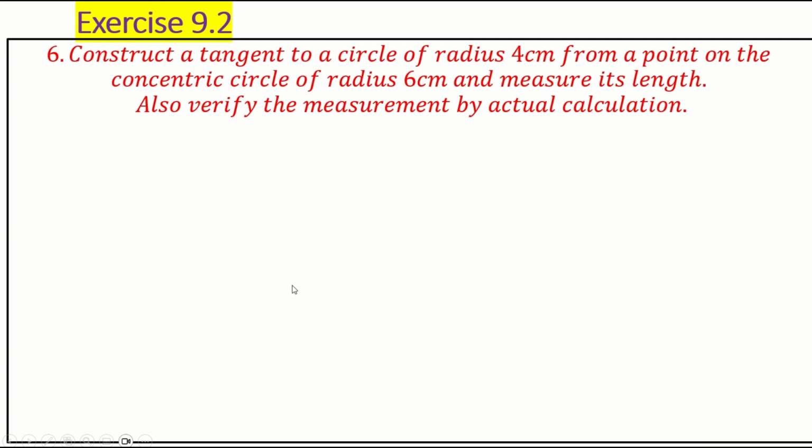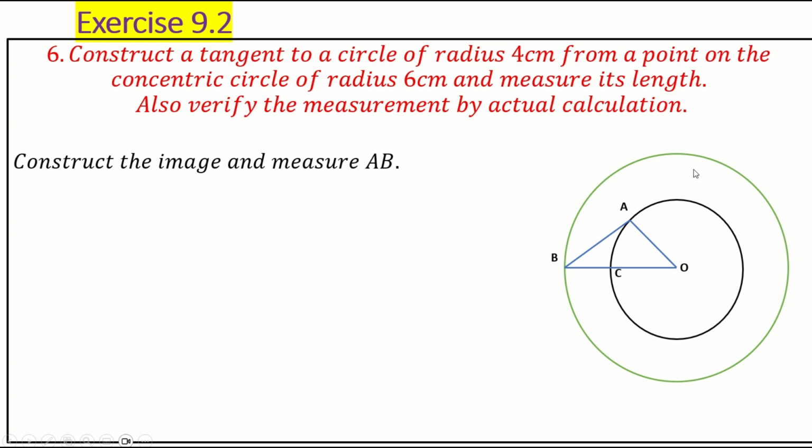Construct a tangent to a circle of radius 4 centimeters from a point on the concentric circle of radius 6 centimeters and measure its length. Also verify by the actual method. So this is what it is telling. You have two concentric circles. OA equal to 4 centimeters, OB equal to 6 centimeters.